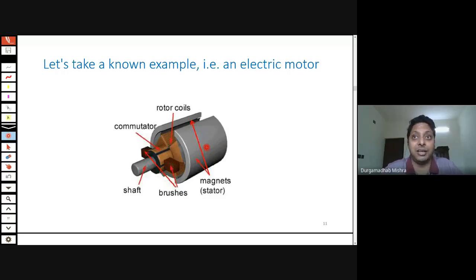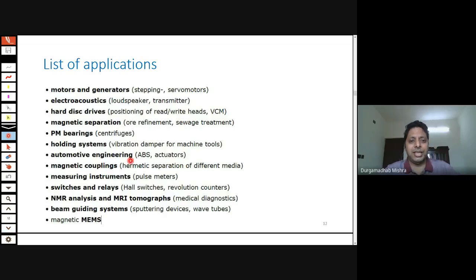Of course, another point is how expensive it is, so the price. This is a list of applications which you might or might not know. Maybe some are new, some you already know. But many of these applications use magnetic materials.